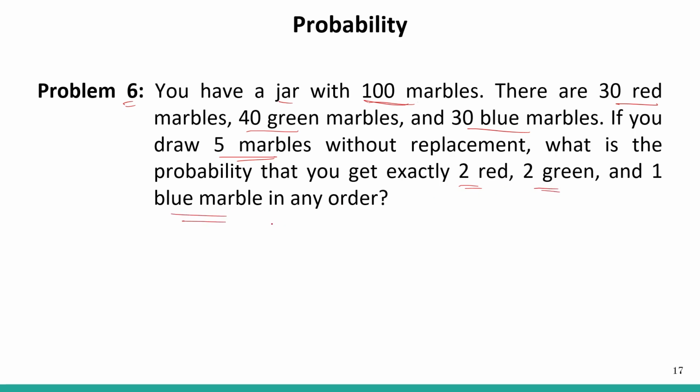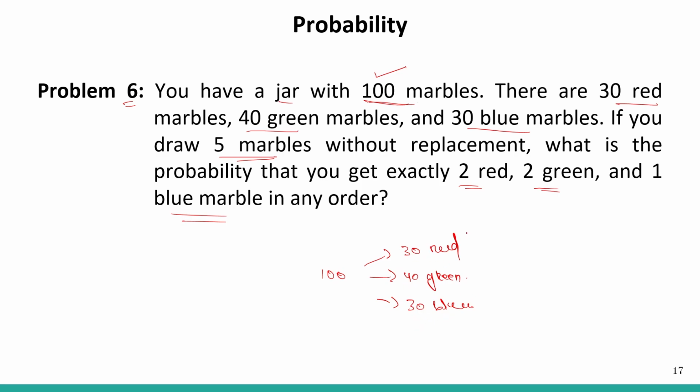So what we have is 100 marbles, out of which 30 are red, 40 are green and 30 blue. Adding these 3, we get 100, so we have described all the 100 marbles.